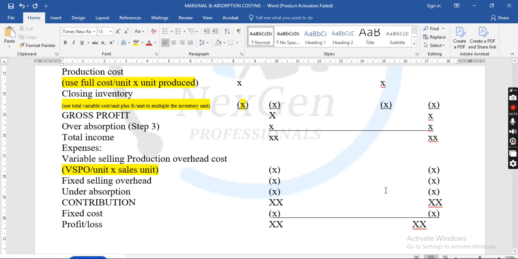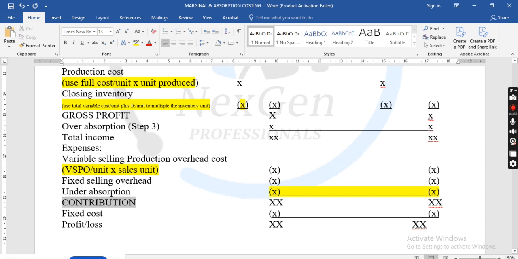So this is the under absorption, and you deduct it from your total income, the money you made. When you deduct it from that income, what do you have? You have your profit. You can get your profit or loss.